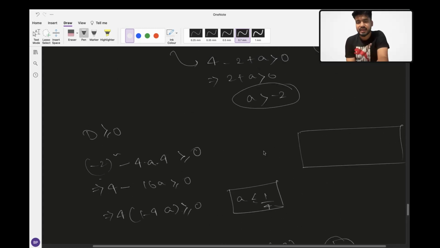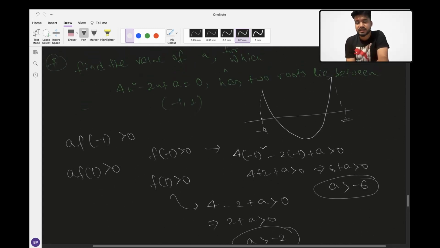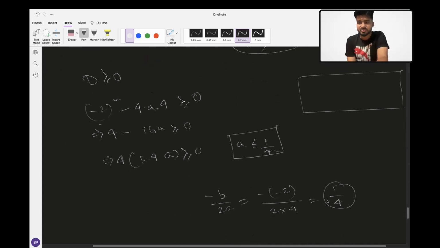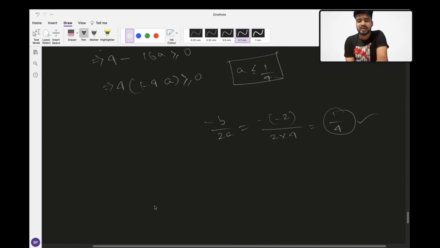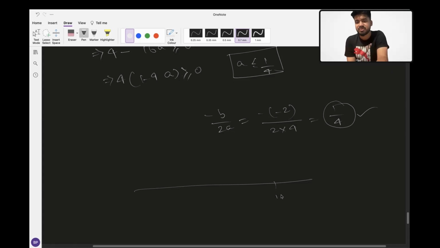So 1 by 4 should be between minus 1 and 1, and this is an obvious thing, yes or no? That between minus 1 and 1, 1 by 4 comes. This is so obvious, there is no issue. So in one case a will be less than or equal to 1 by 4.